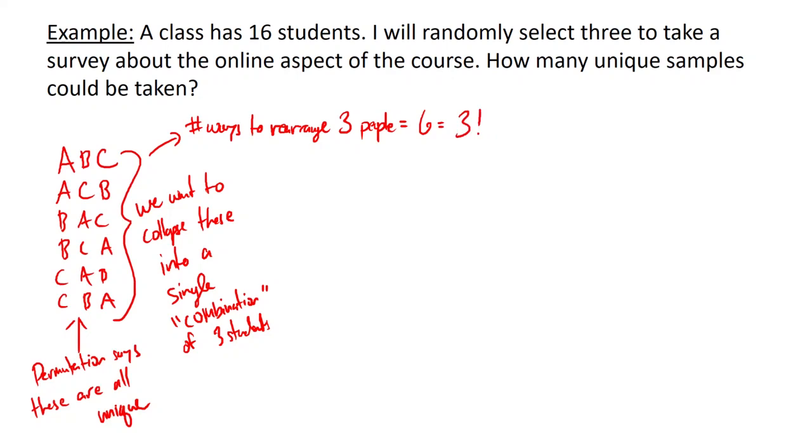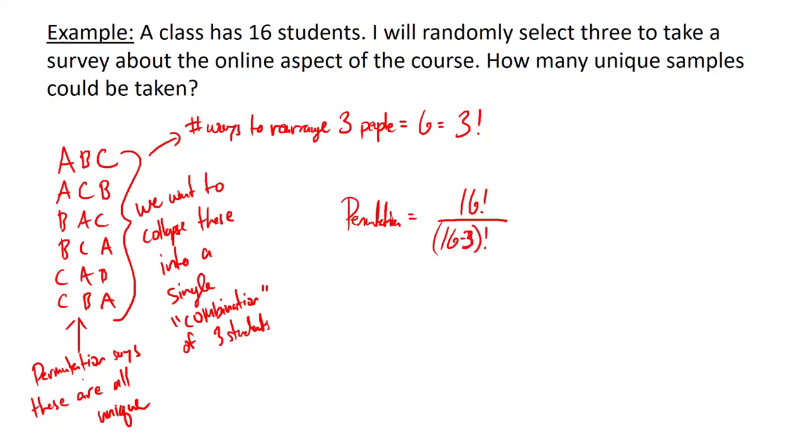So the way you can calculate things like this, where you want to collapse them all into single combinations, is you can start with the permutation. Because the permutation would say, okay, we would do 16 factorial, and then divide by 16 minus 3 factorial. That's what we did in the last example, right?